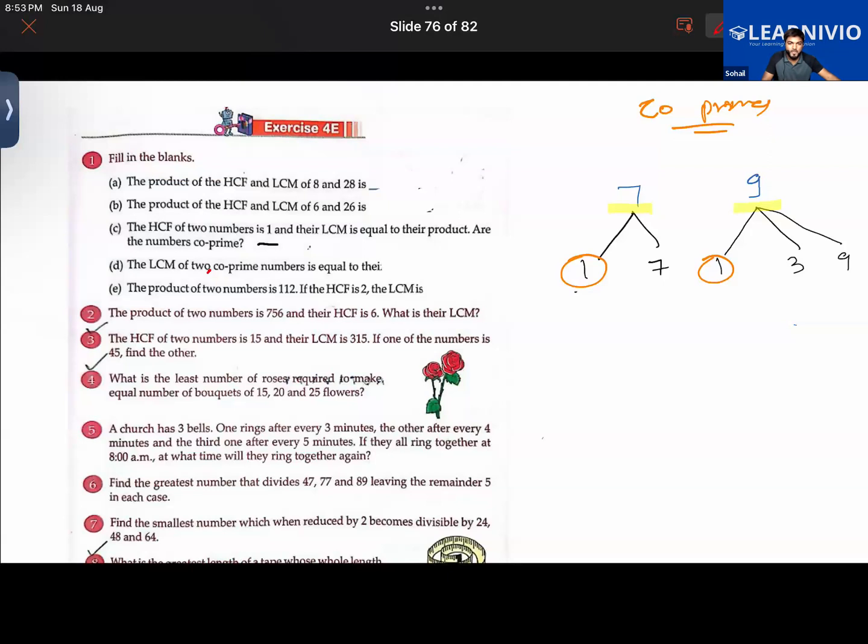Yeah, now am I audible? Yes. I was saying that you should revise the notes so that you don't forget the concepts, Habib.